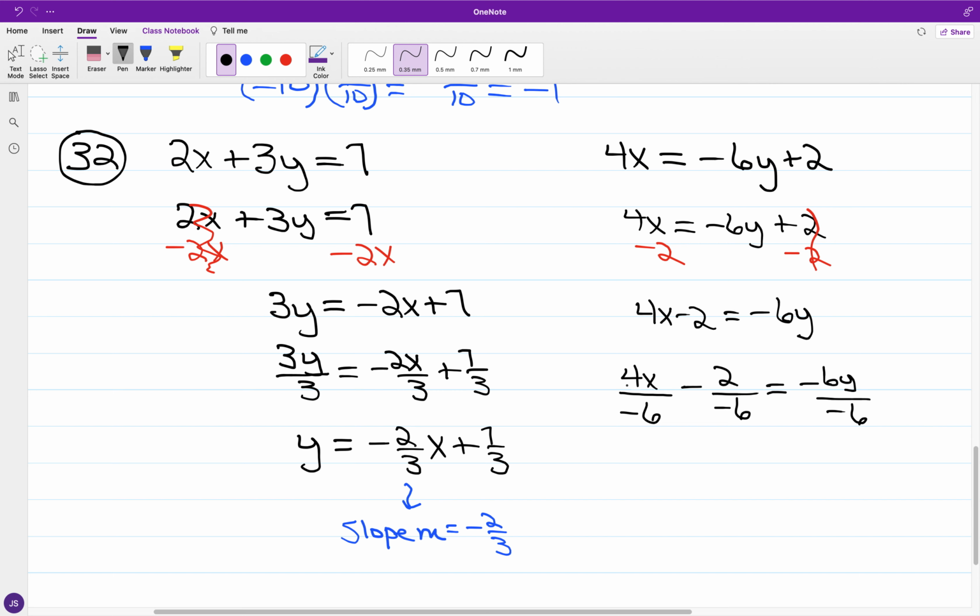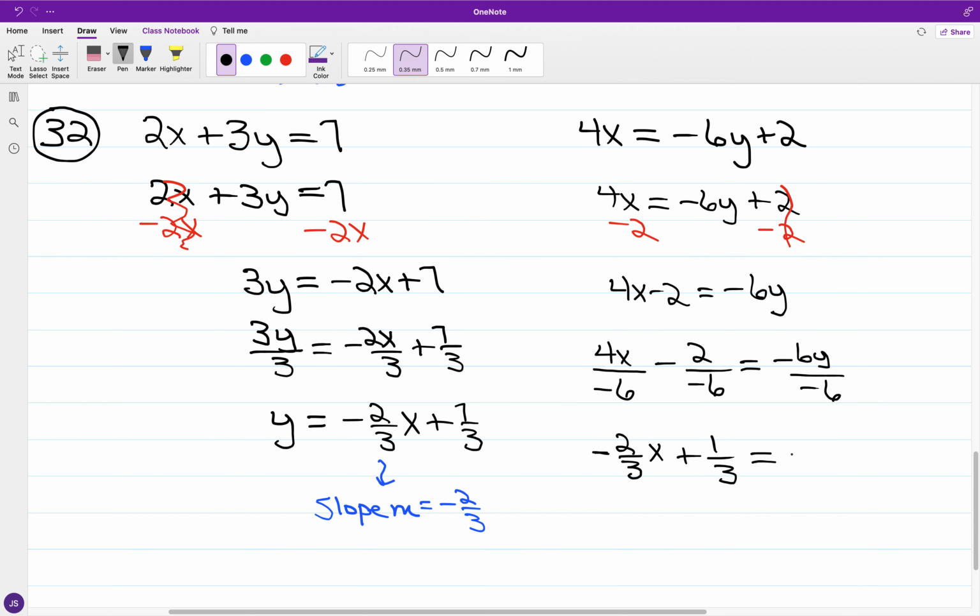So you've got 4 over negative 6 times x. Now we've got a negative ratio, and 4/6 is reducible to 2/3. So you have negative 2/3 of x. Now we've got minus 2 over negative 6, and that's going to translate to positive 2 over 6, which will be positive 1/3. And negative 6y over negative 6 becomes y.